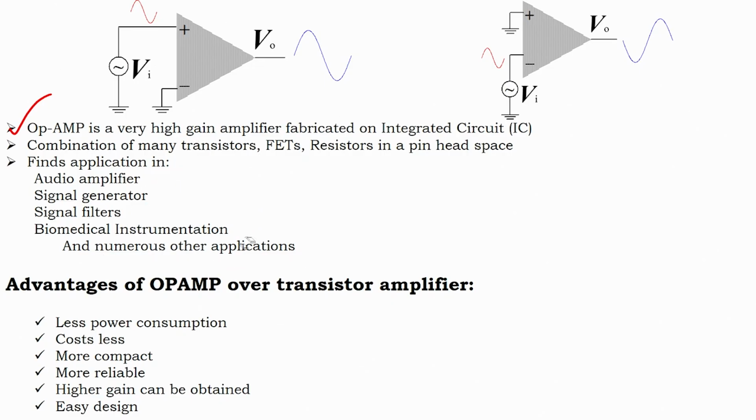So, having said that, what are the advantages of op-amp? Why do we have to use op-amp over a transistor amplifier? We have seen transistor based amplifiers: CE amplifier, CC amplifier, CB amplifier, right? Why do I have to use op-amp?